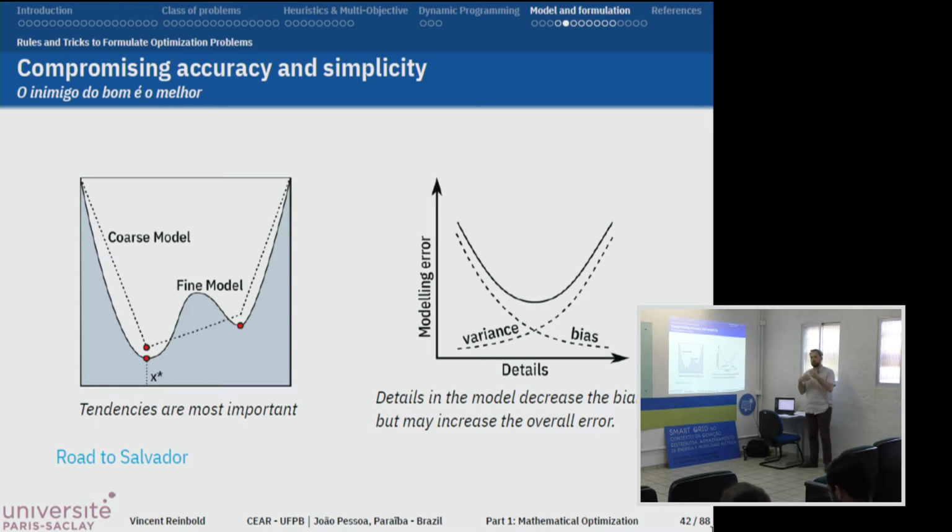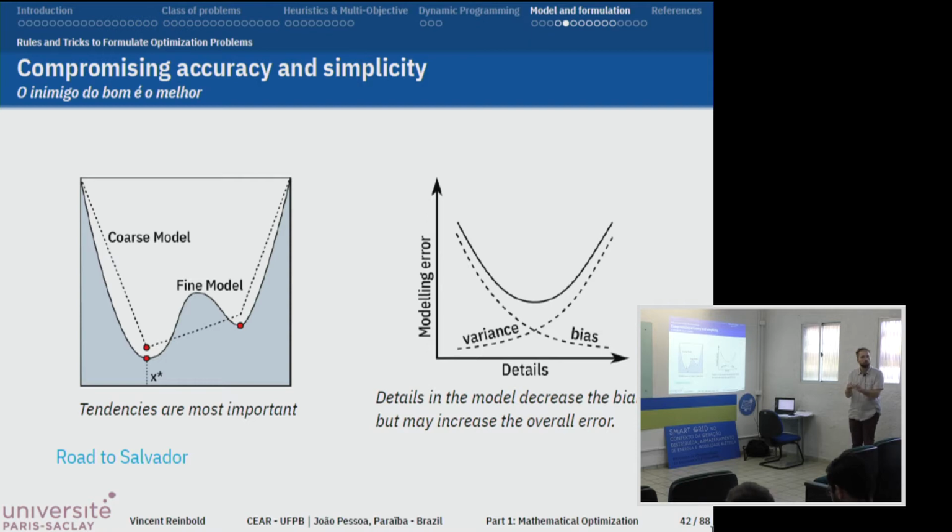But there is another type of error that we call variance that may increase. Okay, if I do a coarse model of a converter, it will be really general, and maybe it will work for a different architecture of converter. Okay, but if I do a really fine model of converter, then it will be a model for only this type of architecture and not for others.